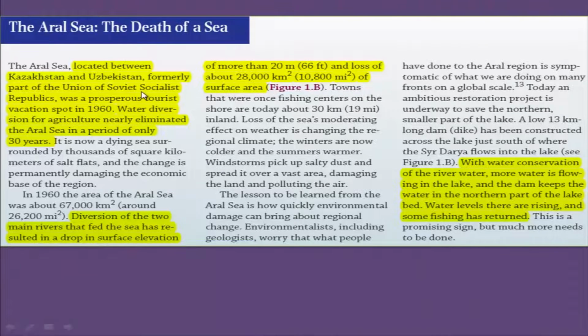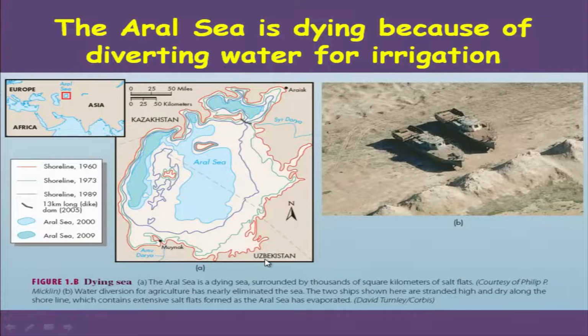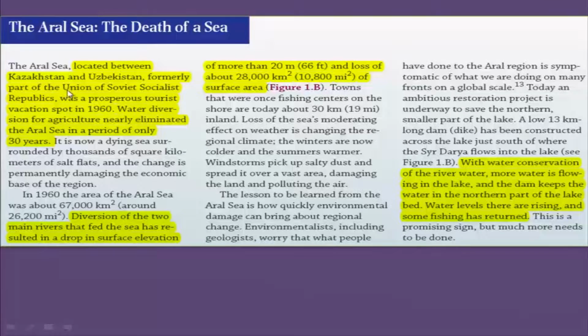The Aral Sea, located between Uzbekistan and Kazakhstan, formerly part of the Union of Soviet Republics, was a prosperous tourist vacation spot in 1960. Water diversion for agriculture nearly eliminated the Aral Sea in a period of only 30 years.